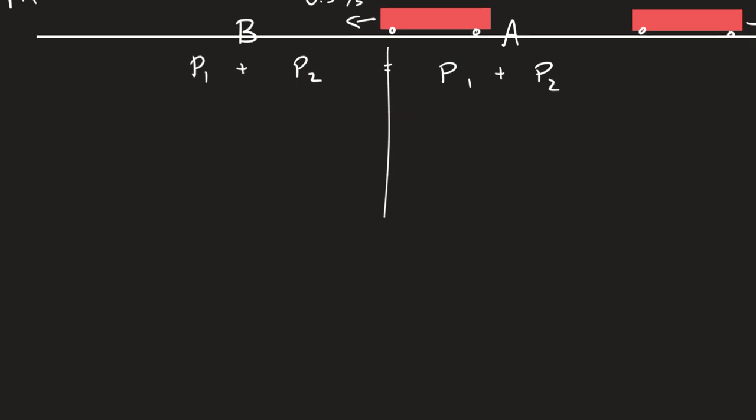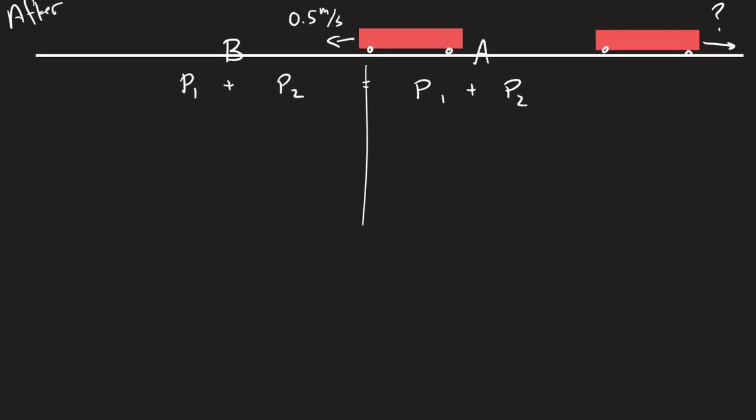I don't believe we need the picture, but I'm going to leave the picture here of this one. Remember, momentum is mv. I'm not going to put all the subscripts. The stuff that's on the right side is the final case, and the stuff that's on the left side is the initial case.